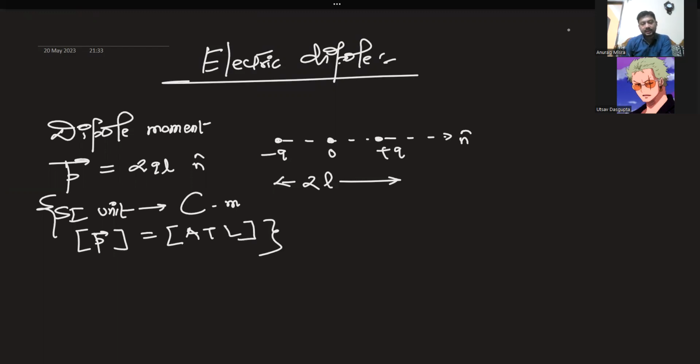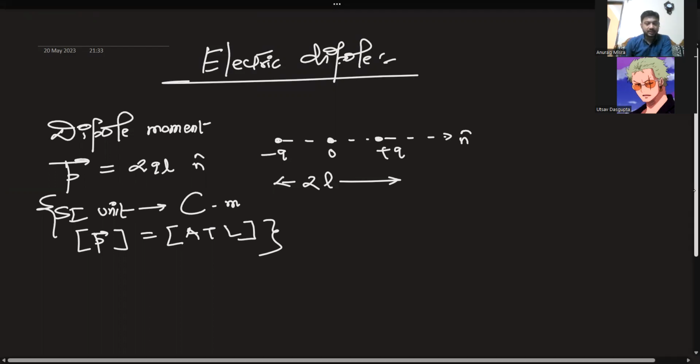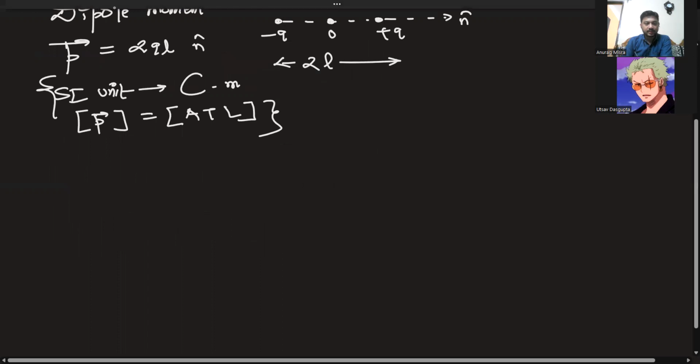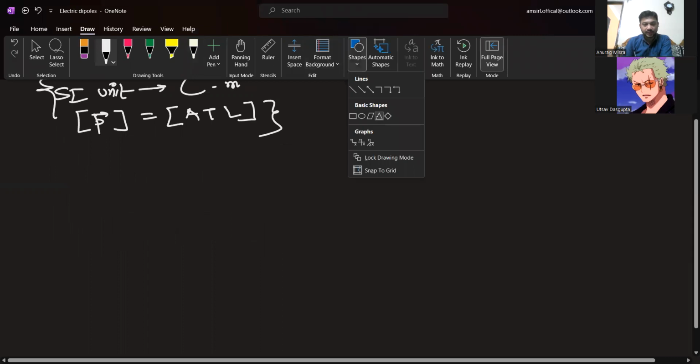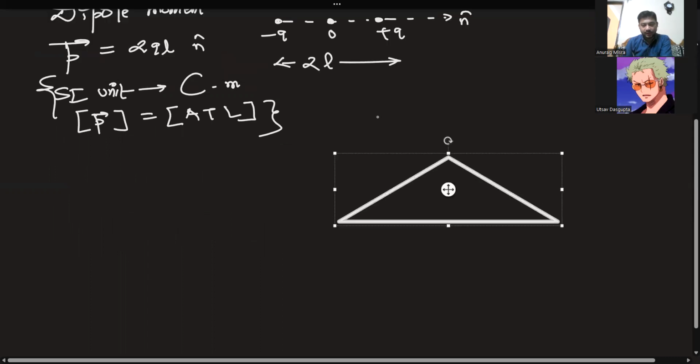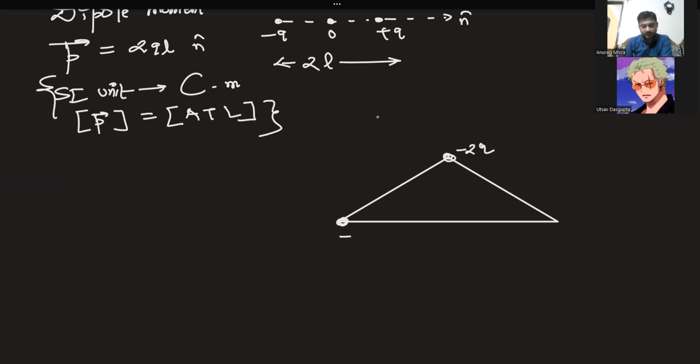Now what I was saying last day is that any system where the total charge is zero, like a dipole, which can be reduced to a pair of negative and positive charges, can be called a dipole, okay? For example, suppose I have such a system of charges: a triangle, and at one corner there is a charge -2q, at another a charge +q, and at the third a charge +q, right?